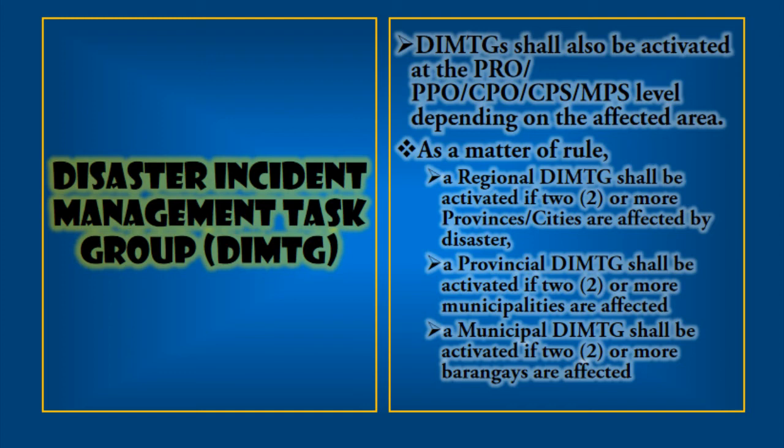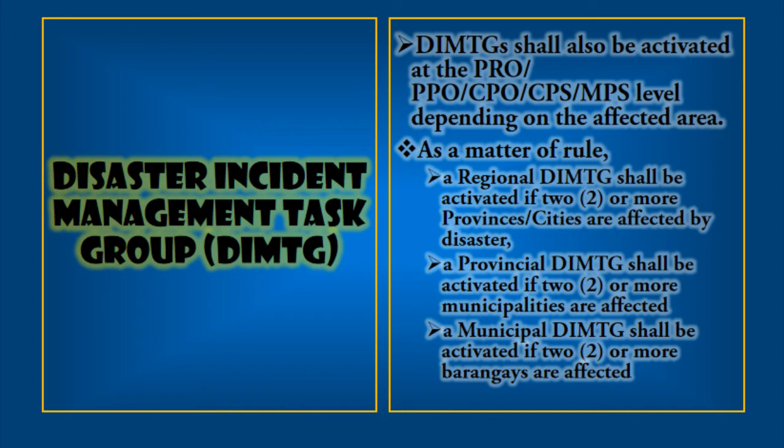Okay. So, yun. As to the function, nandito, the IMTG shall also be activated at the police regional offices. Okay? So, take note also, katulad ng CIMTG na merong para sa regional level, provincial level. Same with DIMTG. So, as a matter of rule, regional DIMTG shall be activated if 2 or more provinces or cities are affected by disaster.